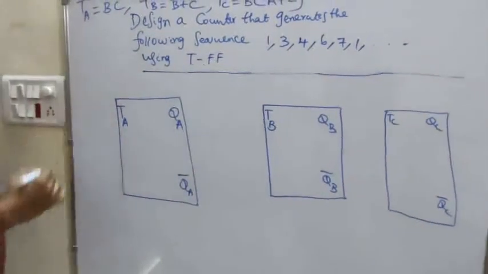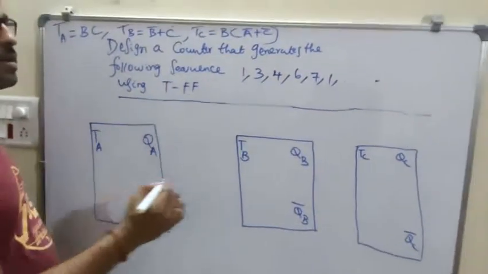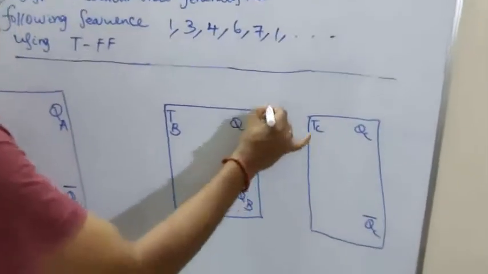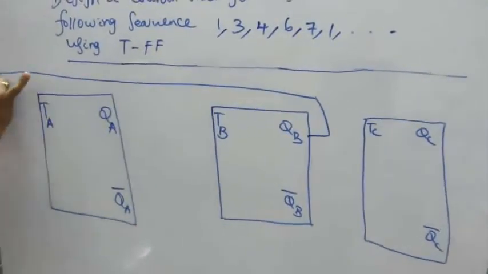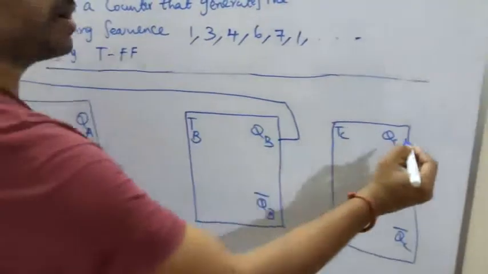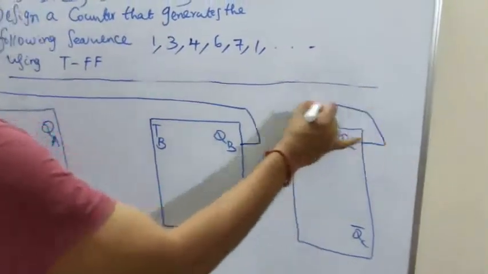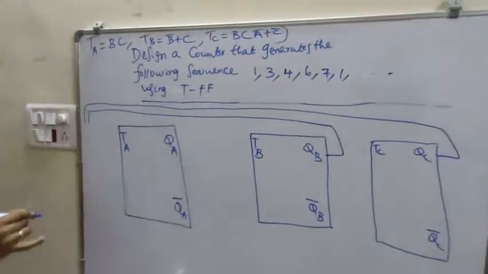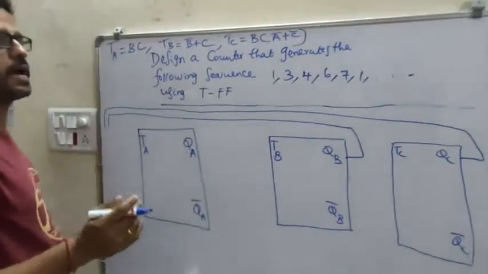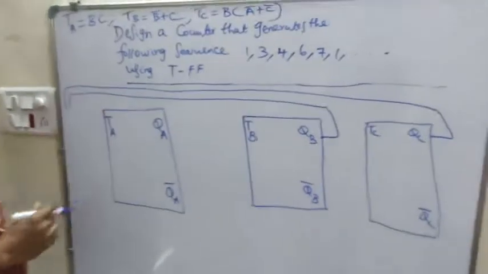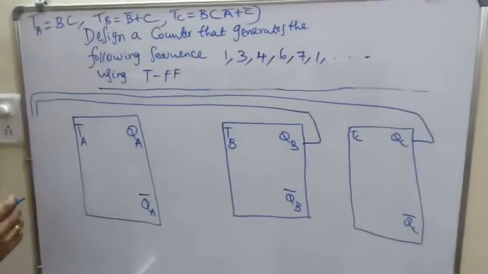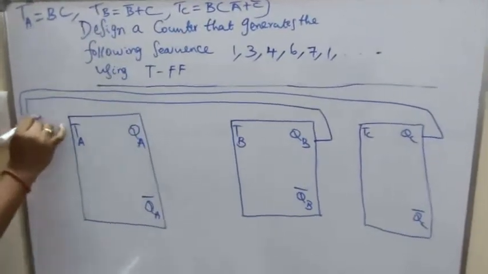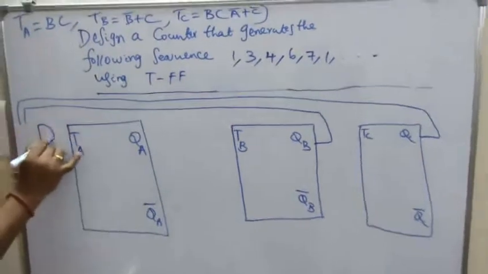For TA it is BC, right? So we'll take the output of B here, and then we'll take the output of C. We already know that the value stored in the flip-flop can be taken out through the corresponding outputs of the flip-flop. So BC means it should be an AND gate.